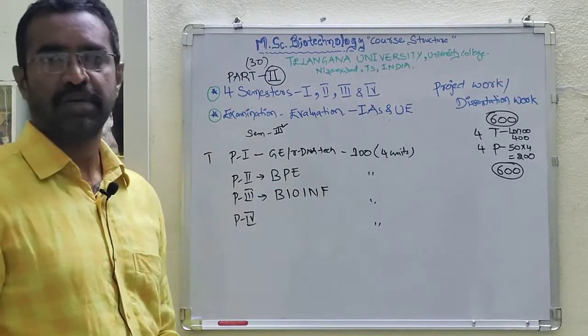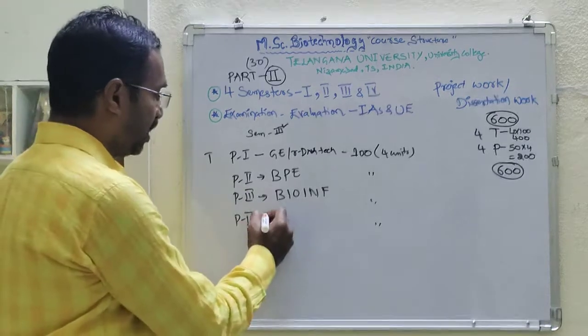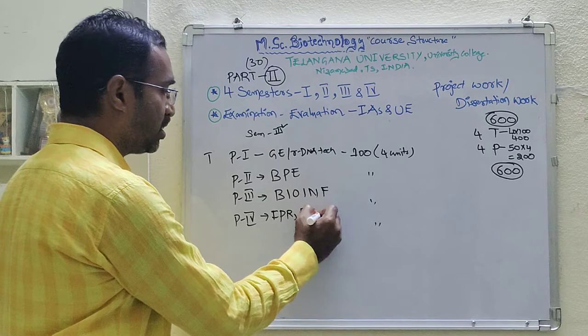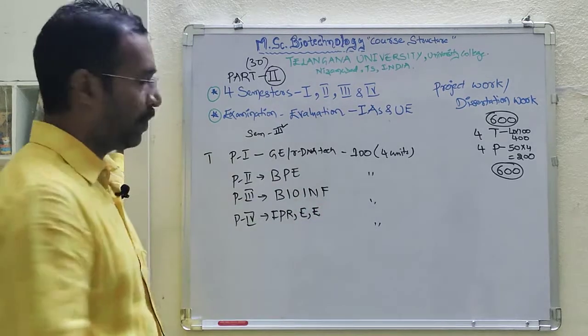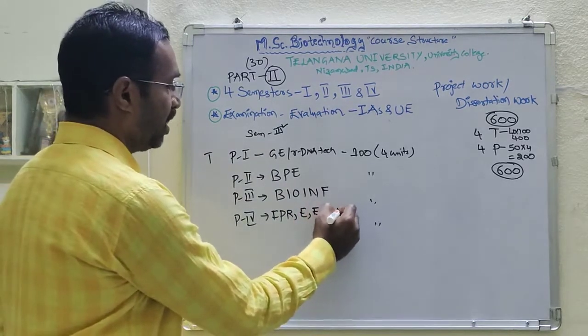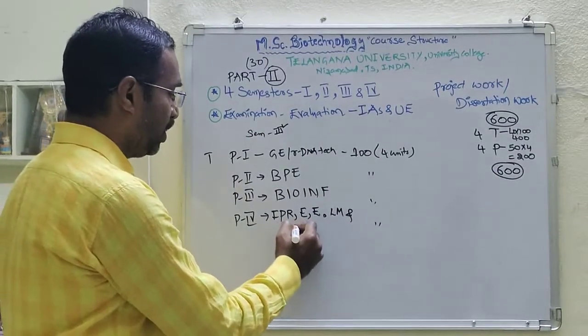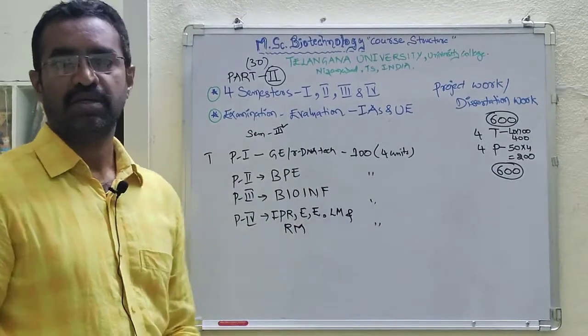The fourth paper is IPR, Intellectual Property Rights, Ethics, Entrepreneurship, Laboratory Management, and it is having one more unit. The last unit is Research Methodology.